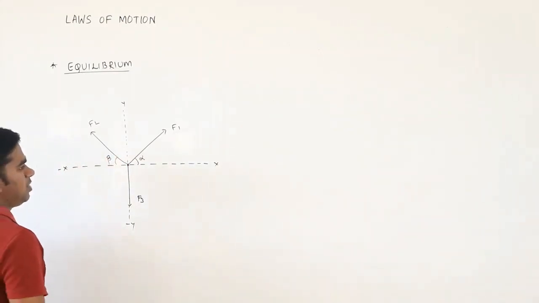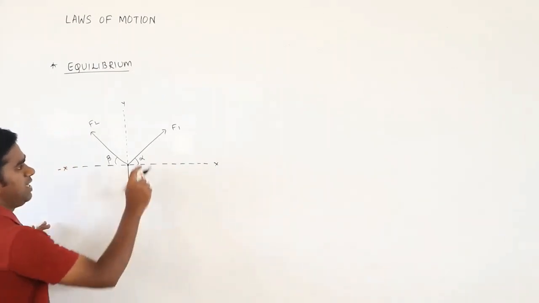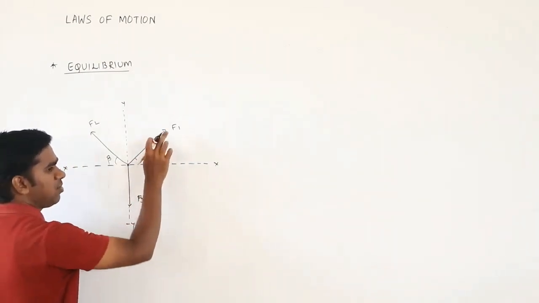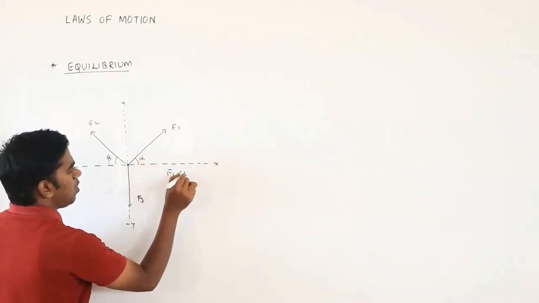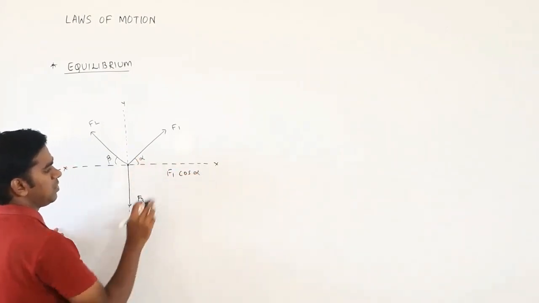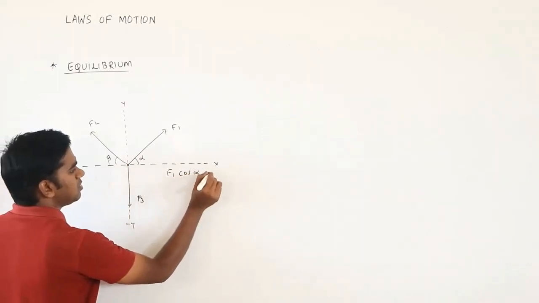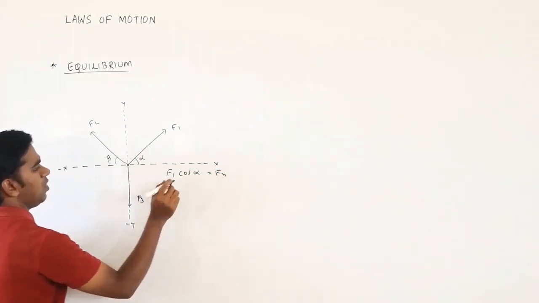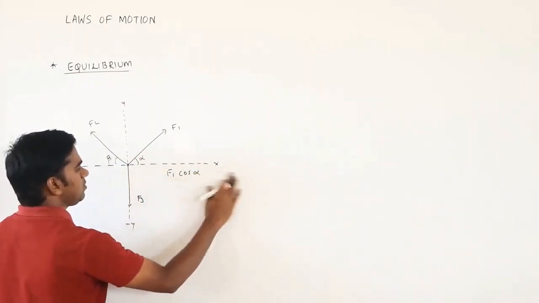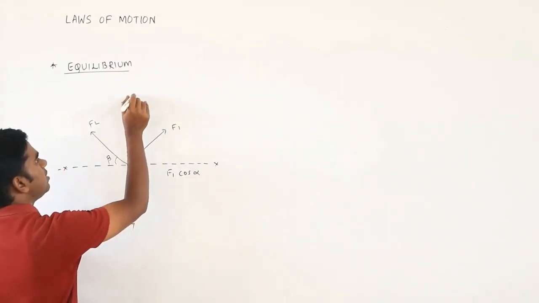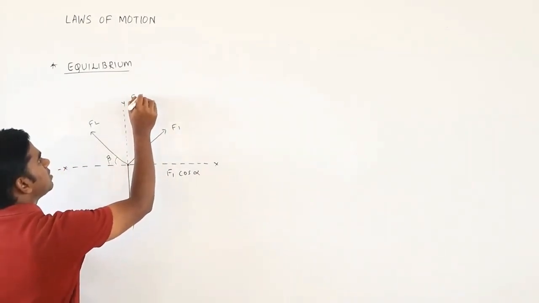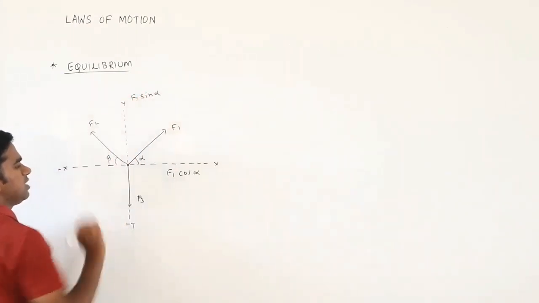So x components we have to find. What is the x component of F1? X component of F1 is F1 cos alpha. This is F1x. Similarly, its y component is F1 sin alpha.